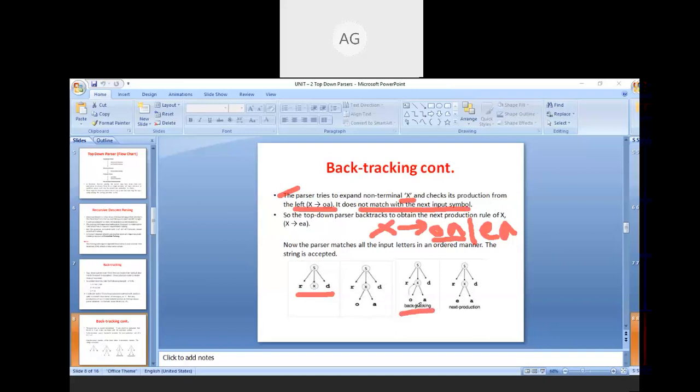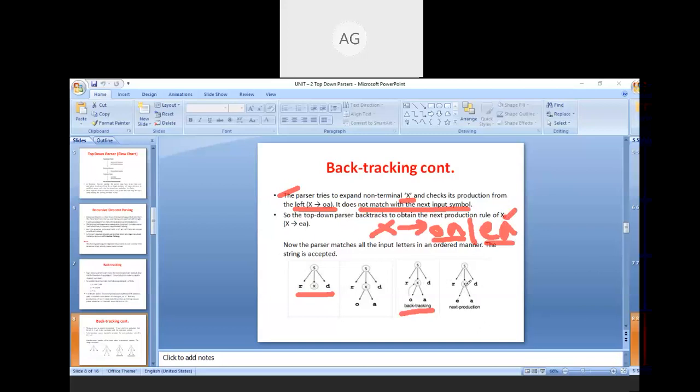You can see from this diagram, from O we can backtrack to X, because X generates the OA, so we go back to the X symbol. Then we try the second production, which is X produces EA.